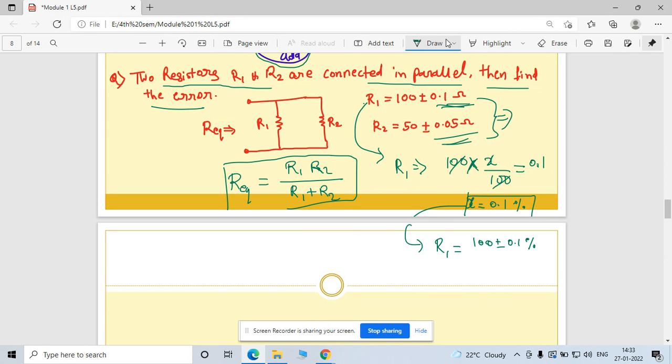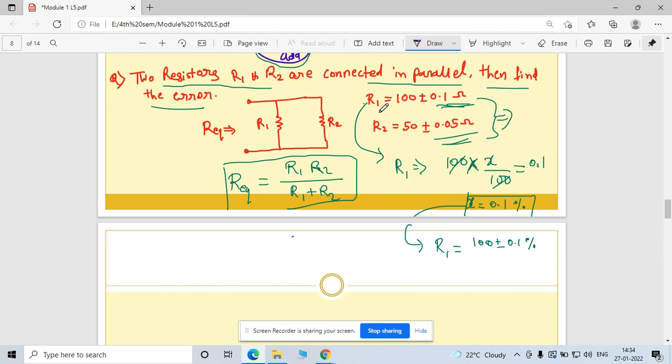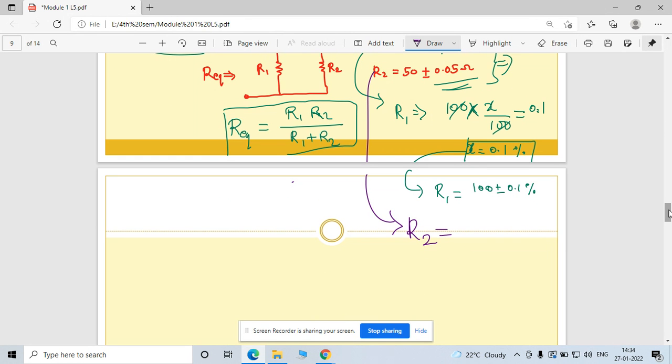Now R2, similarly find out this R2, and guys please respond. Yes guys, if anyone got the answer, tell me, how much is R equivalent? R2, what is the R2? Yes, R2 also is 0.1%. Same way you can calculate it.